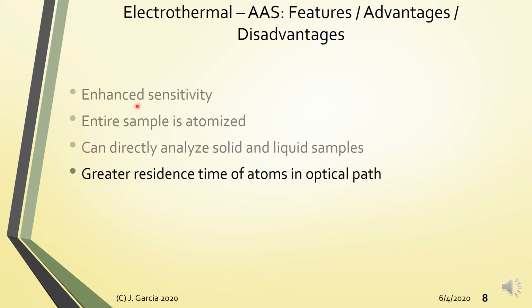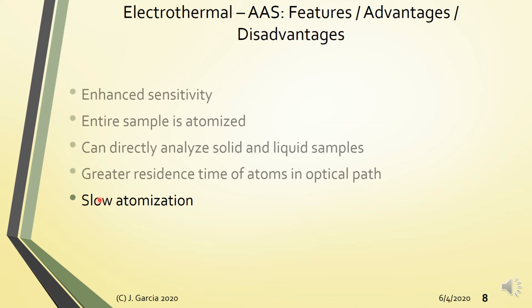So this is one of the best advantages of electrothermal AAS compared to flame AAS. And of course, you have no sample prep because you can directly analyze your sample in the graphite furnace. However, a disadvantage would be a slow atomization process.